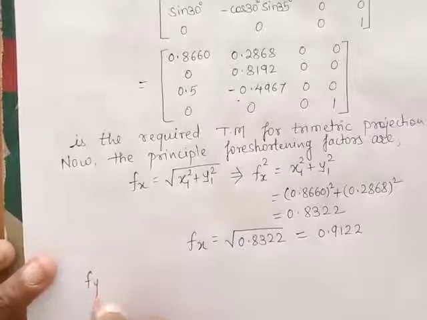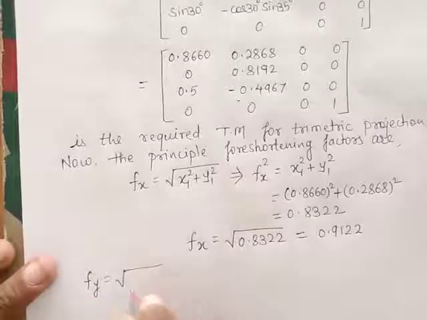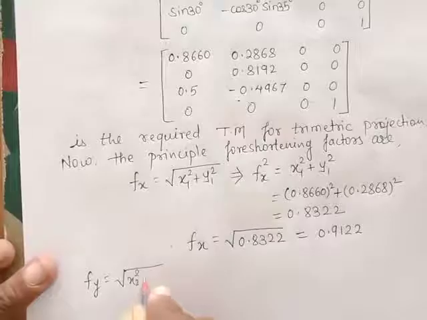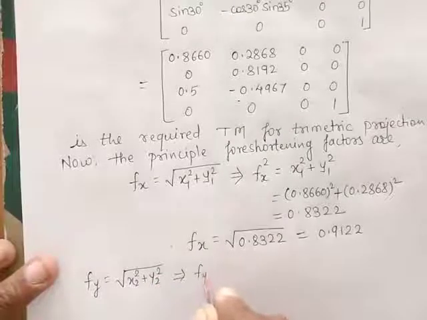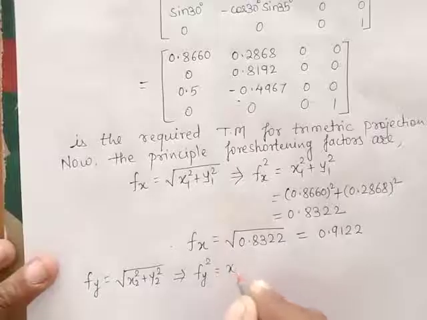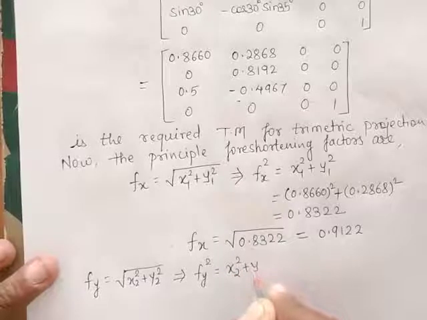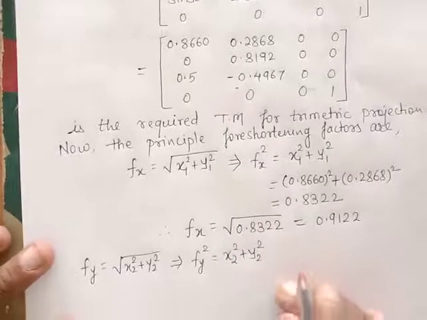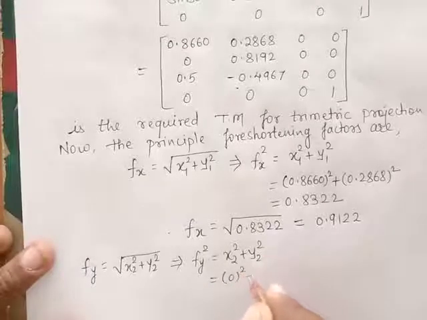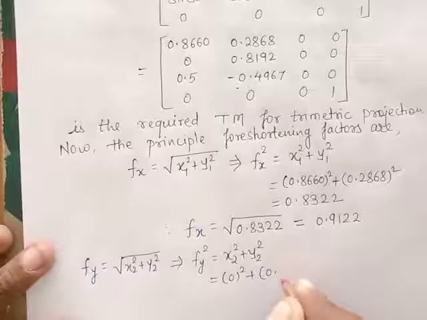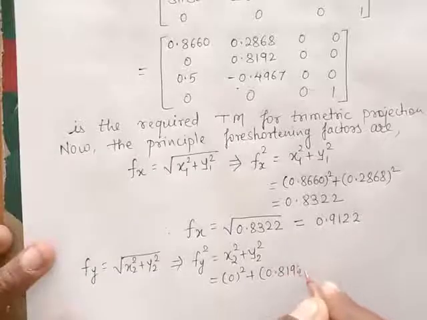So what is fy? Fy is under root x2 square plus y2 square. So that is fy square is equal to x2 square plus y2 square. So what does it? It is nothing but 0 square plus 0.8192 square.